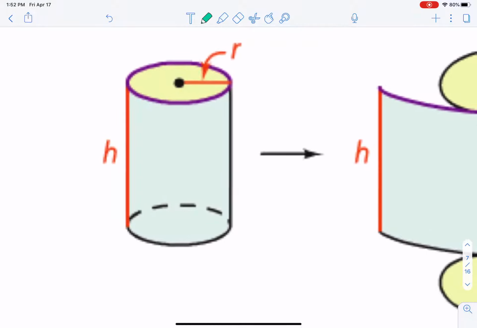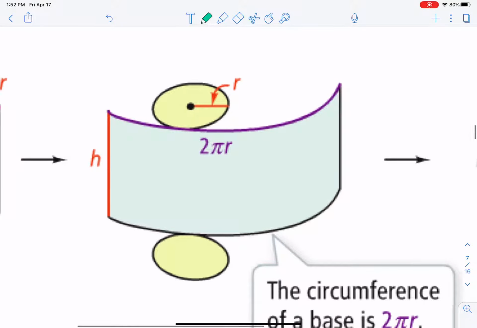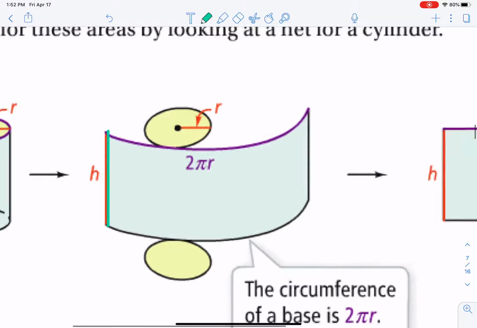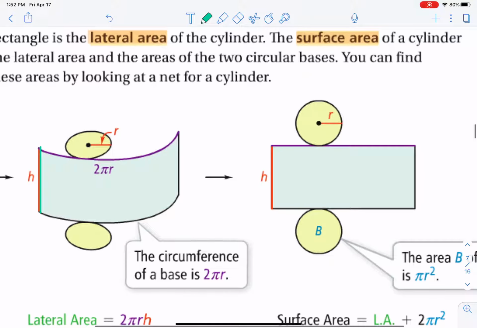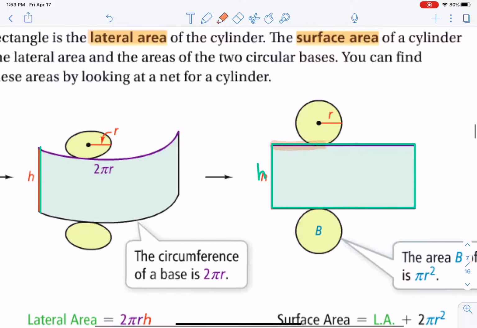If you take a canned good, and I wish I could show you in person, and I'm going to rip the label right here and pull the label open. So this is still the height, but then that label will almost become rectangular when you open it up. So if you want, you can pull a canned good out, rip the label off. The height is still the height of the canned good, but this right here that I'm highlighting in orange is basically the width or the length of that rectangle.